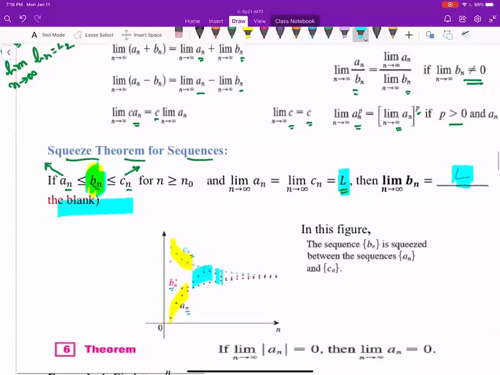This is the squeeze theorem, or sometimes called the sandwich theorem.